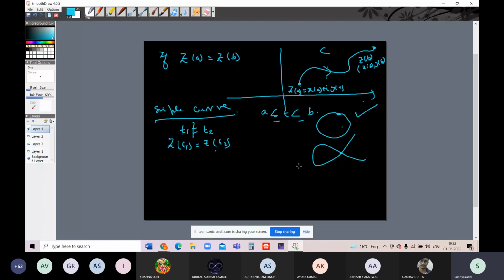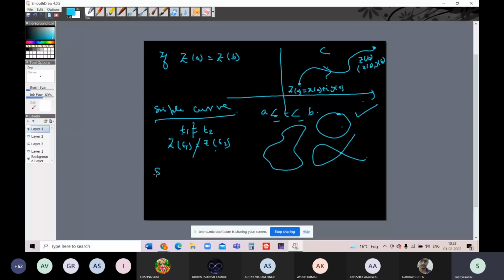Or if we take any other curve like this, it is a simple curve because except at the end point they are not intersecting themselves. For any other two points, it does not have the same value. Simple means that for every T1 and T2, when T1 is not equal to T2, then J(T1) is not equal to J(T2). So that kind of curve is called a simple curve.